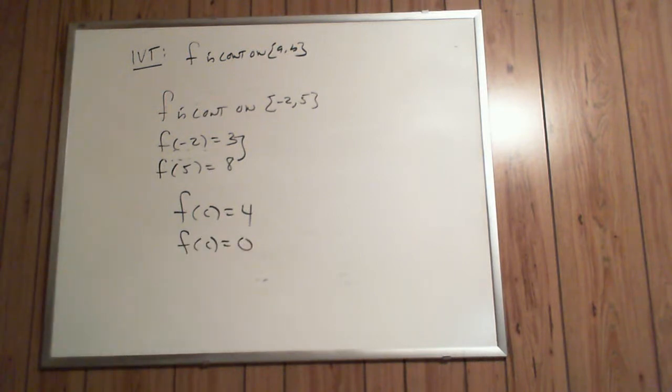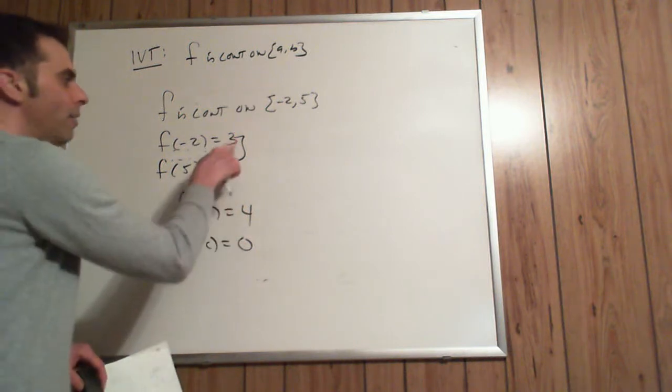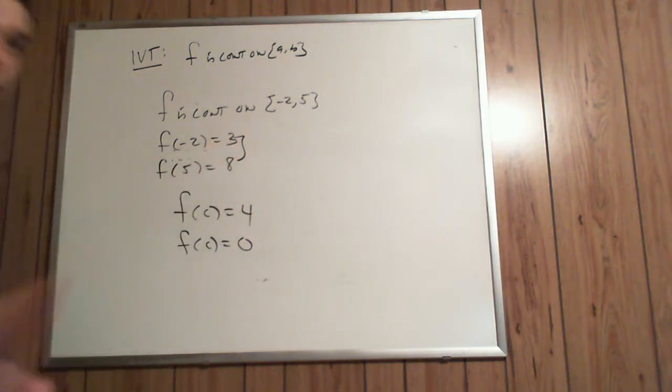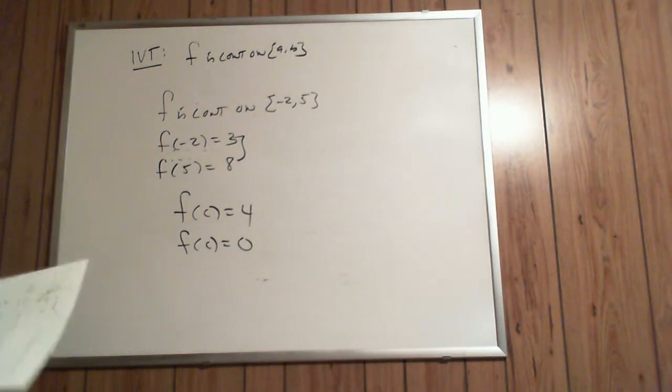And the answer is no, because 0 is not a y value in between there. It could, but it does not have to be true. And remember, as you tackle these multiple choice questions, that what could be true and what must be true are entirely different. That could be true, but it does not have to be true.